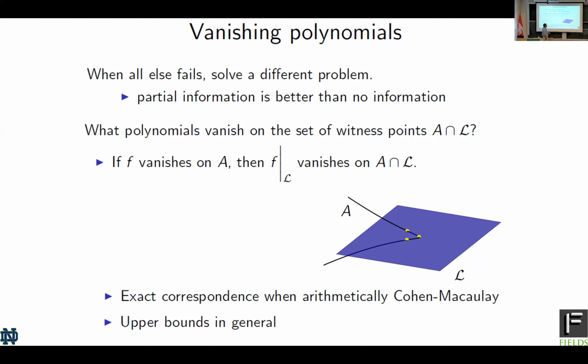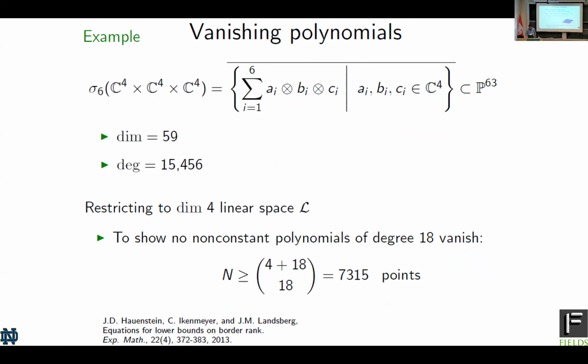Of course, if I have a polynomial that vanishes on A, it vanishes on these points. But if something vanishes on these points, it need not. But that's okay. Because now I've restricted to a 4-dimensional linear space, and the problem goes from 400 quadrillion to about 7,000. And that we can easily do.